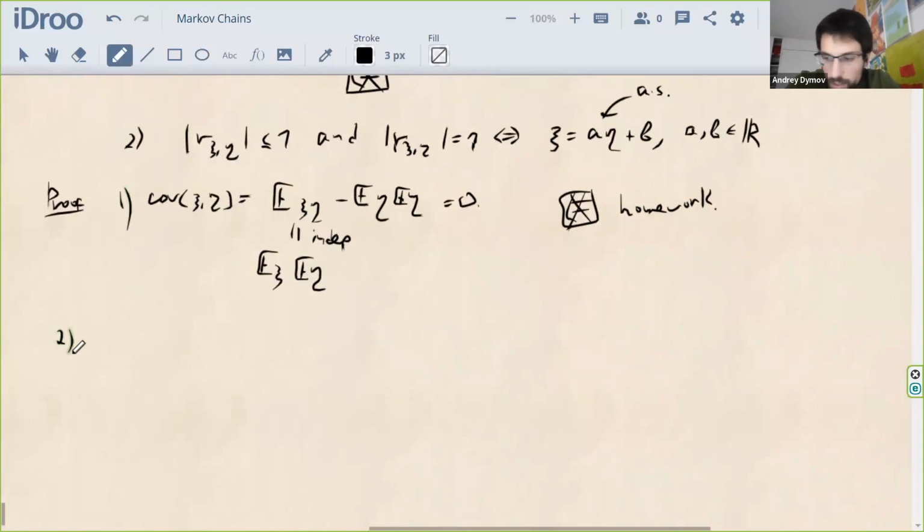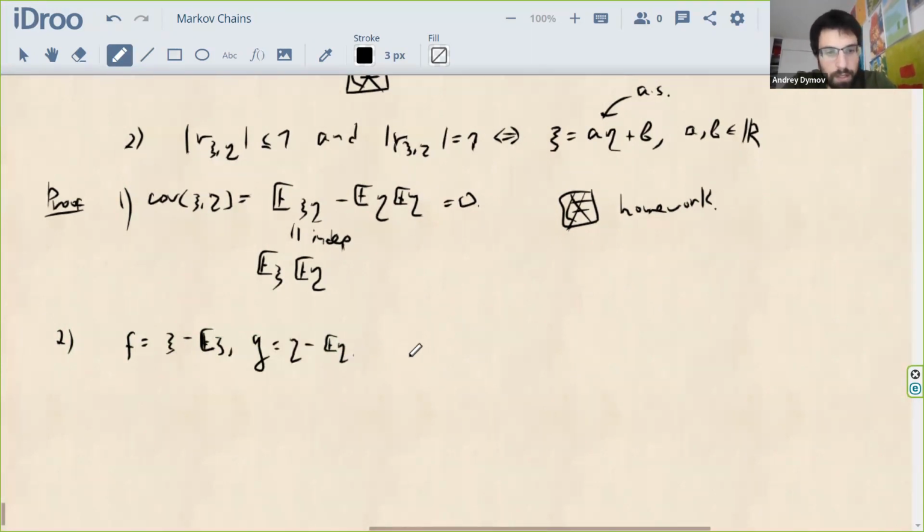So, to prove the second assertion, let me denote by f xi minus its expectation. So I shift the random variable xi, and also I shift the random variable eta, calling it j. And now the covariance of xi and eta is just the expectation of the product, so it is the expectation of f times j.